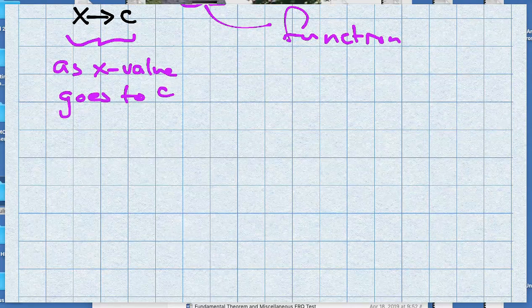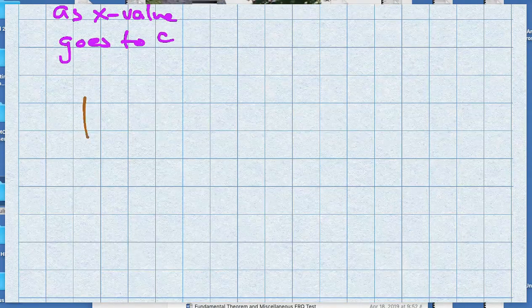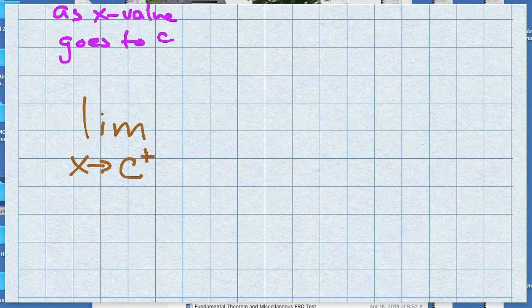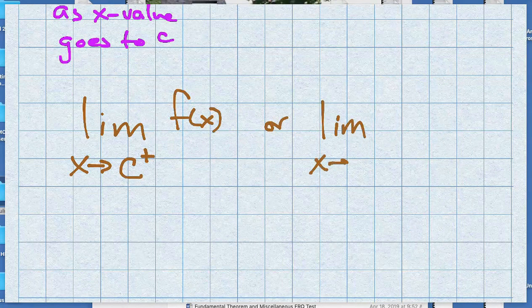Remembering that there is another type of limit notation that we looked at, which was written something like the following, where there was a plus after the c, or the limit notation as x goes towards c where there's a minus there.